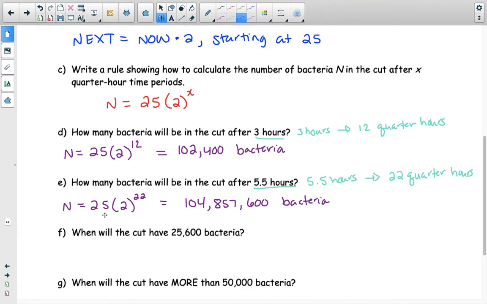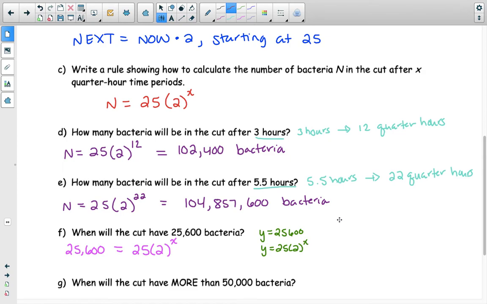We would write the equation with our exponential equation. 25,600 is equal to 25 times 2 raised to the x power. So we would actually use Desmos or a calculator for this. We would graph y equals 25,600, and we would graph y equals 25 times 2 raised to the exponent of x. And then we would see where they would intersect.